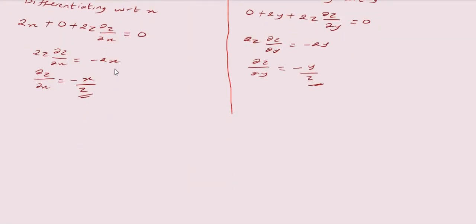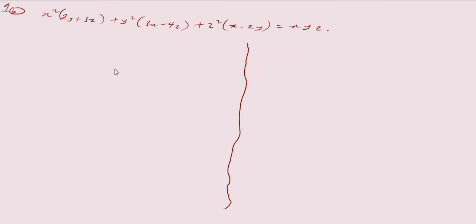Now let us go to 1b. The 1b question is having x squared open bracket 2y plus 3z, then plus y squared open bracket 3x minus 4z, plus z squared open bracket x minus 2y is equal to xyz. We are going to first open the bracket.